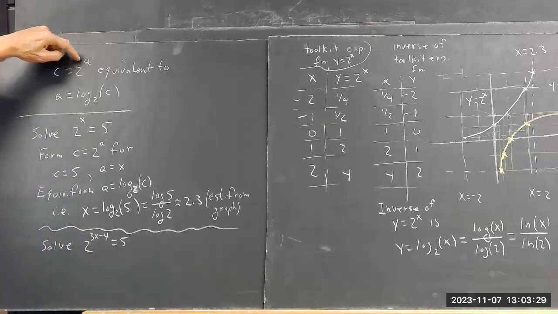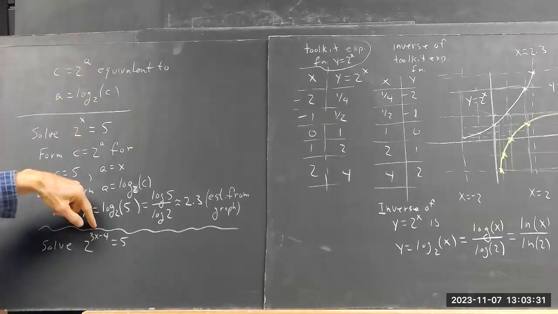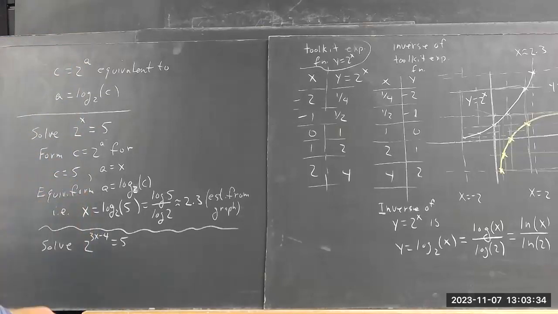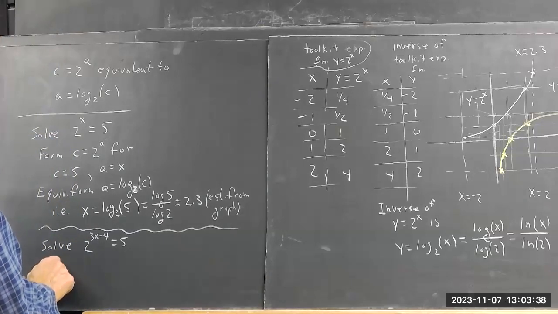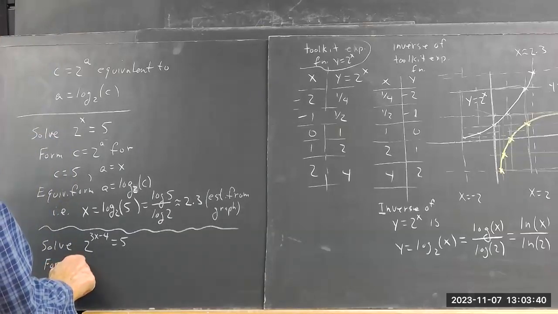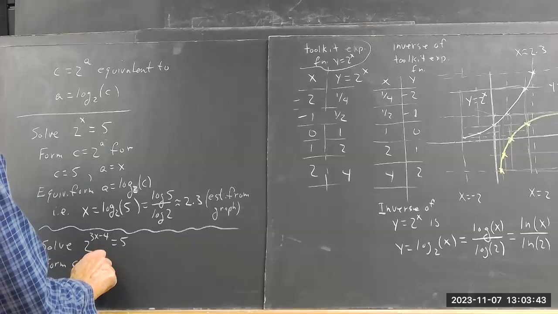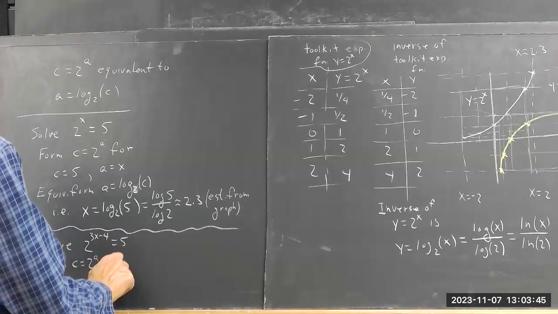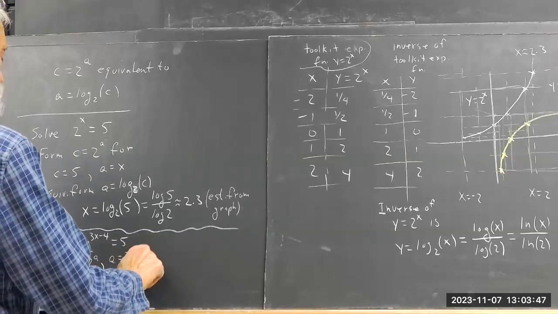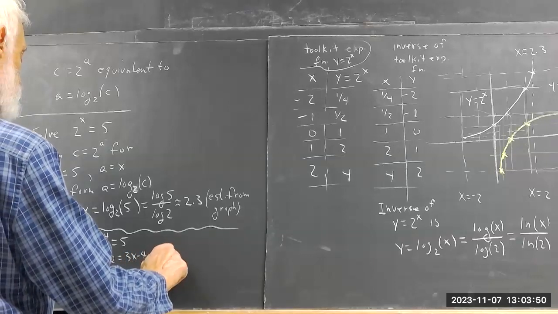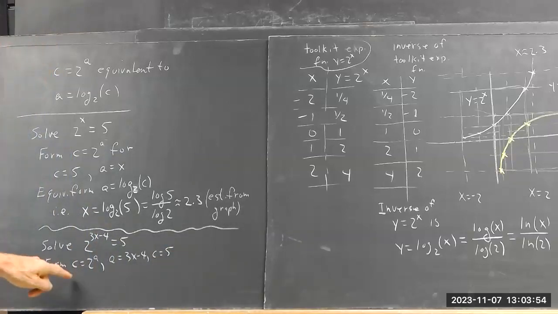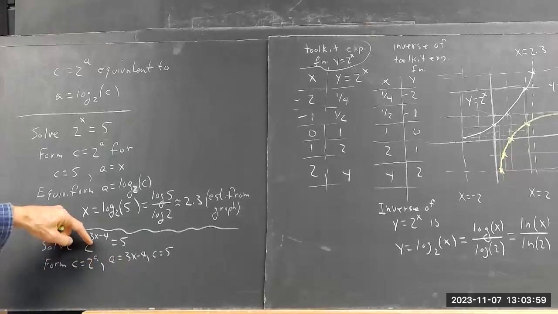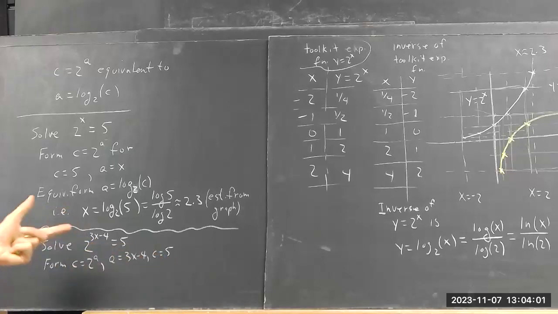Now, it's still of this form because we have 2 raised to some power. So the form c equals 2 to the a, where a is 3x minus 4, the exponent, and c is 5.